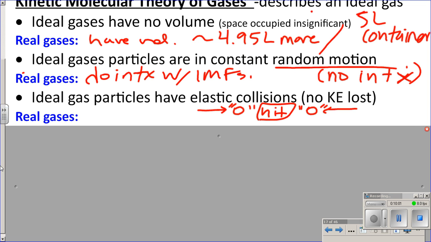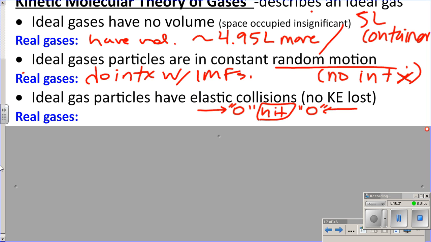What we would normally assume with ideal gases, we would say they bounce back, hit each other, no energy is lost. They have the same velocity they were coming in with. They just bounce backward and go the opposite direction. So elastic is like, think of a rubber band. It stretches, it hits, and it comes back out. You can always stretch it back. We're assuming that no energy is lost in that collision, though. You know what assuming does? We all know you can't assume all the time. So what do you think real gases do?